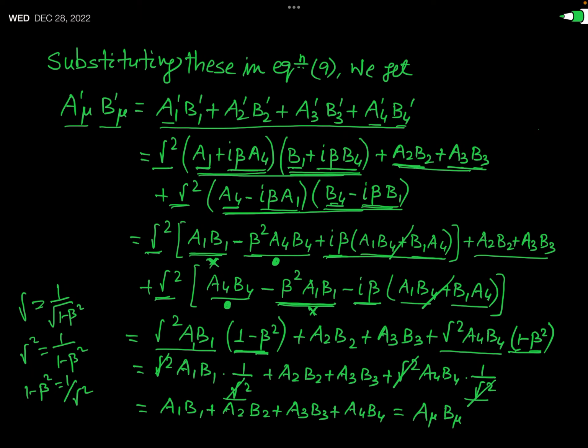You can see these are A1 B1 plus A2 B2 plus A3 B3 plus A4 B4. And this product can be written as A_μ B_μ from the definition of the scalar product of two 4 vectors. So what you are seeing here, we started with the product of A'_μ and B'_μ, and you can see this product is simply equal to A_μ B_μ.